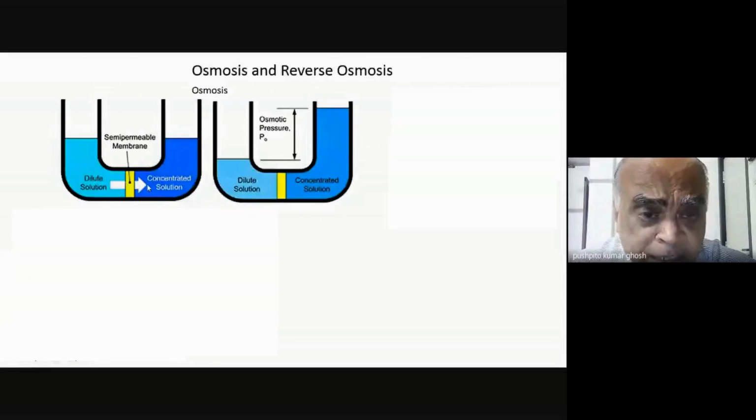So I can pass the solvent, and because I'm passing solvent and its level is rising, it will go on till at one point it stops, and that's the point at which we say this height difference is really what is osmotic pressure.